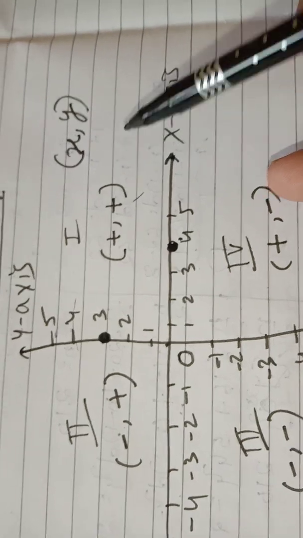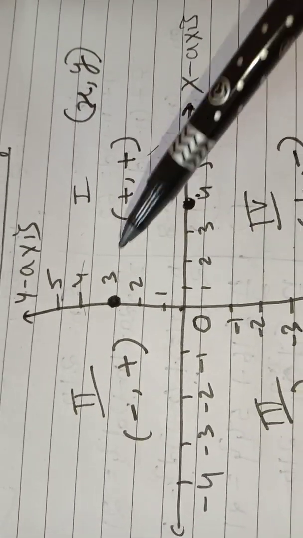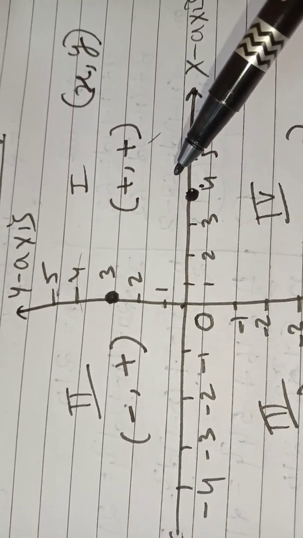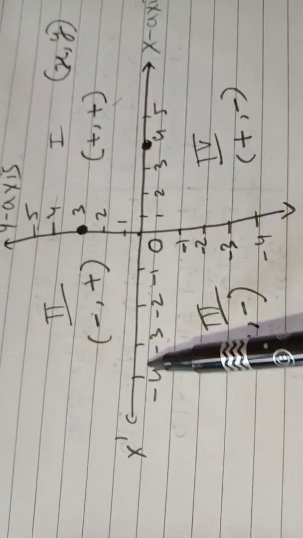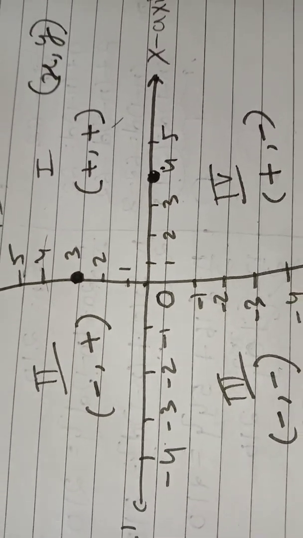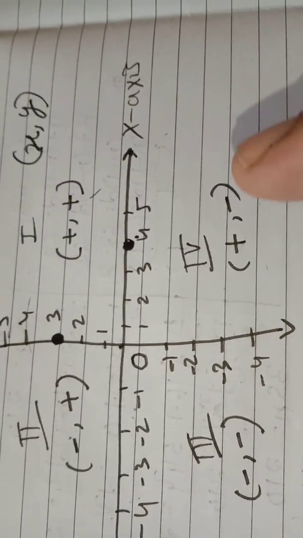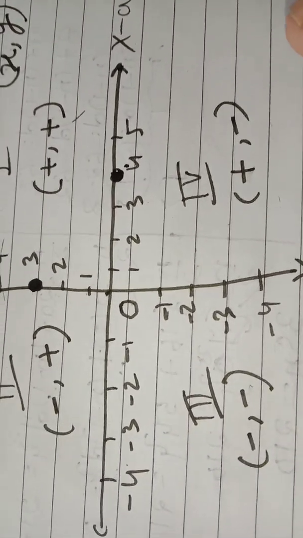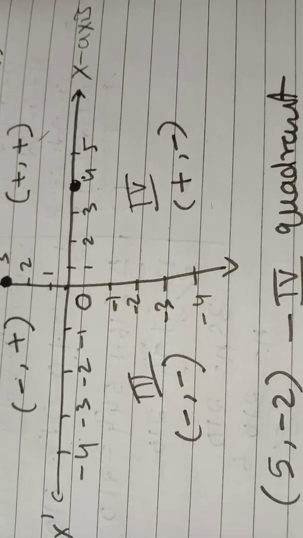Okay, these are the topics we are going to discuss in this chapter. Clear? That is, if the point lies on the x-axis, what will be the distance of the point from the y-axis, or if the point is lying on the y-axis, what will be its distance from the x-axis.